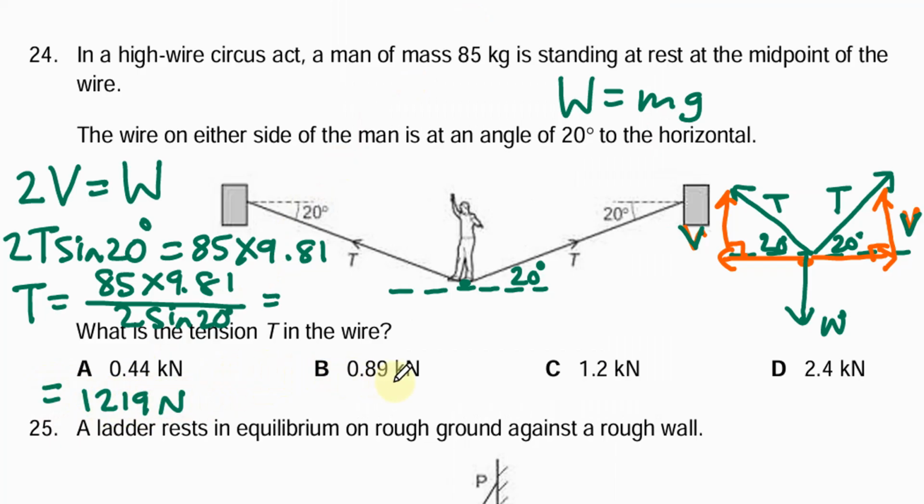The answers here are given in kilonewtons. So if we divide this by 1,000, we get 1.219 kilonewtons. And written to two significant figures, we see it comes to C.